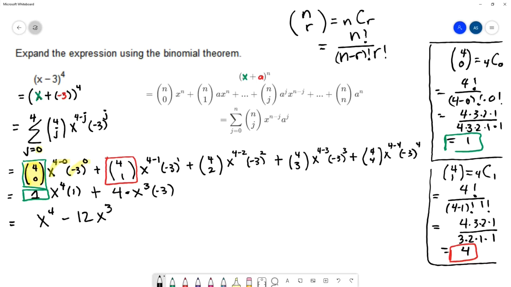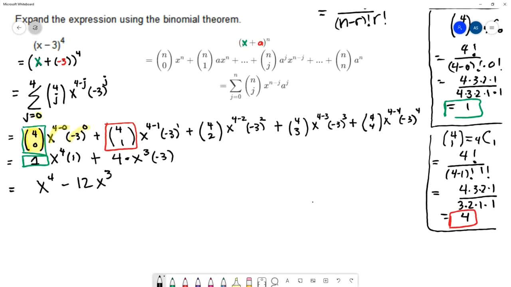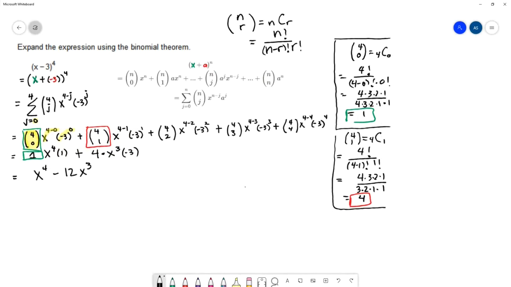Okay, so then let's work out the next one. Going to need a little bit more space, so let me zoom out a little bit more. So let's work out 4 choose 2, or 4C2. That's 4 factorial over 4 minus 2 factorial times 2 factorial.